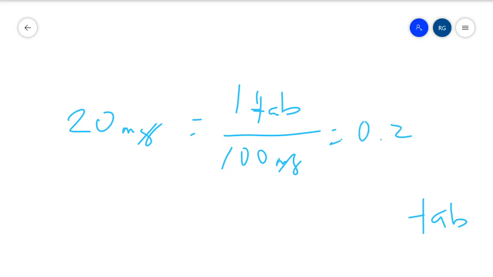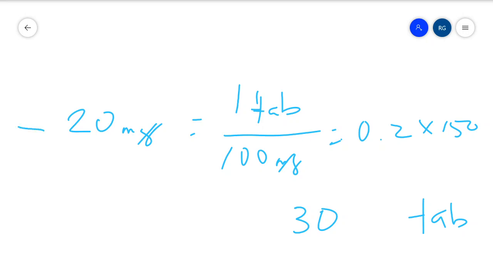That's not our answer. We still have to make it in 150 mils. So 0.2 times 150 is actually 30 tabs that we need. You could do it like that, which to me is a simple way.